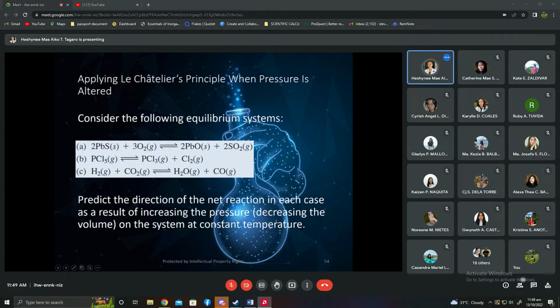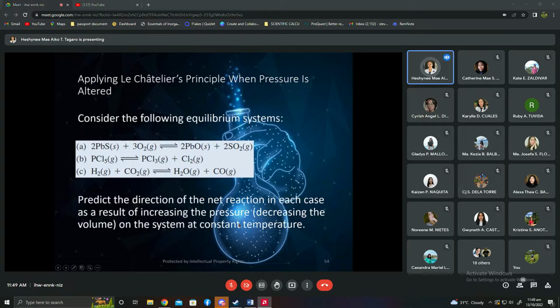Letter A. Do not mind your solid species here; all eyes on your gas species. Again, increasing the pressure is the stress.